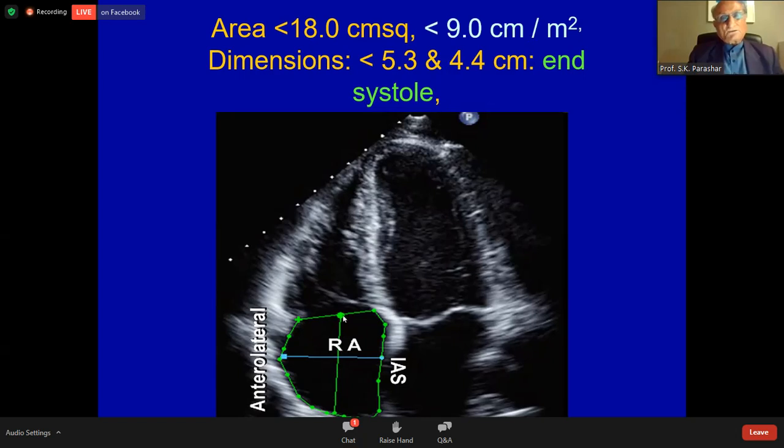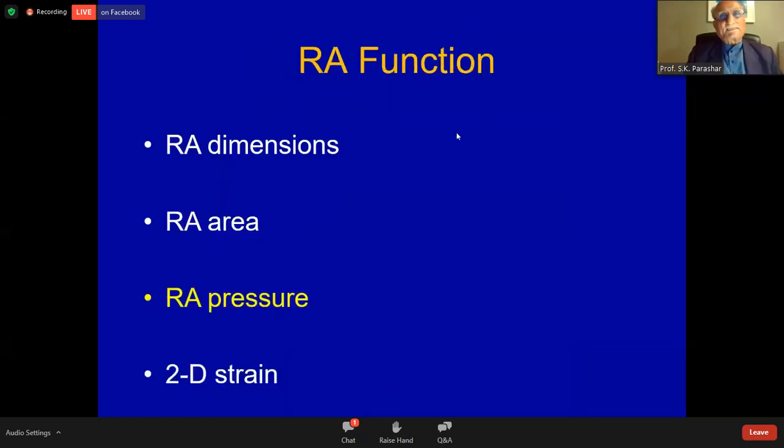So for the right atrium, remember, for the youngsters, an apical four-chamber view at end systole, because at end systole the RA is at its maximum dimension, and these are some of the dimensions. We also calculate the area, which is about 18 centimeters square. But now in the era of body surface area, it is less than 9 centimeters square per body surface area.